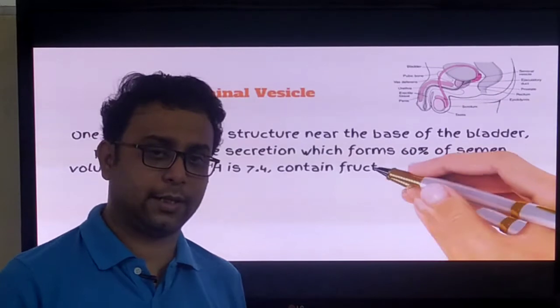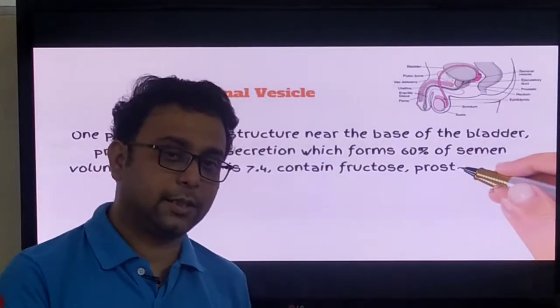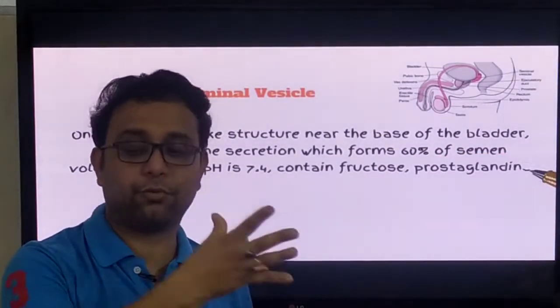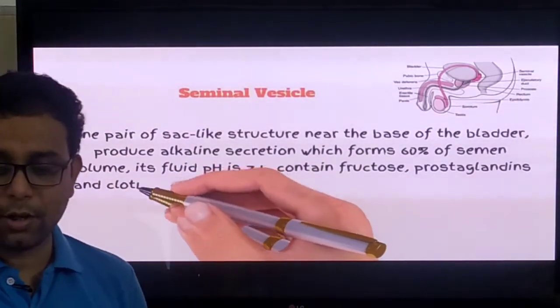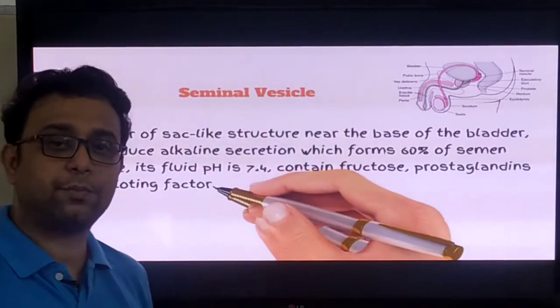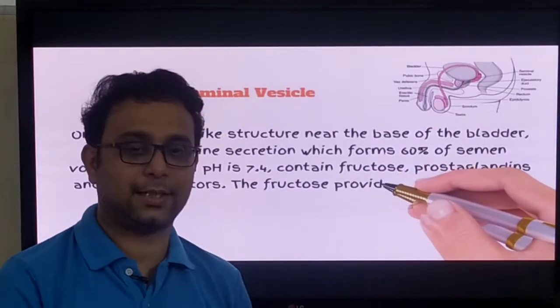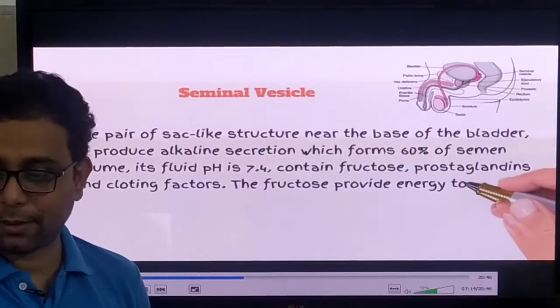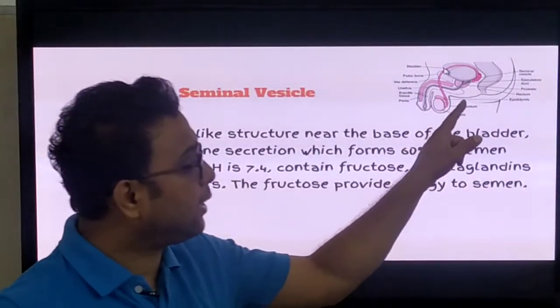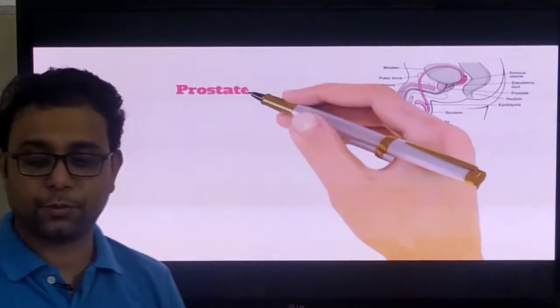But how do they get the energy? Because the seminal vesicles contain a fluid which has fructose, right, which provides energy for the sperm. That is the function of the seminal vesicle, right? You can observe it in that particular picture also.